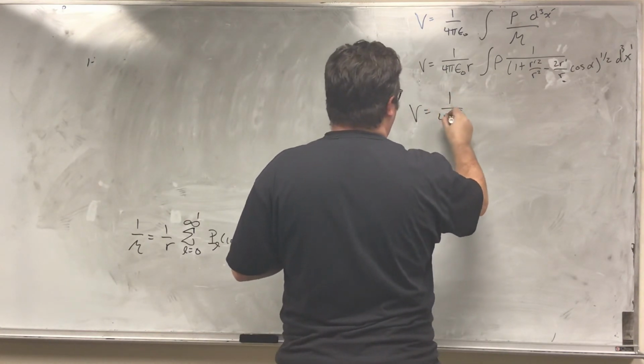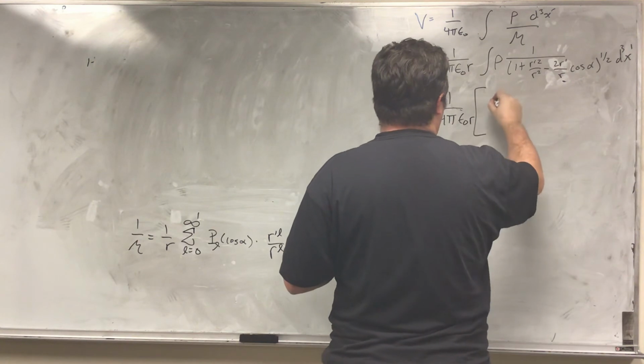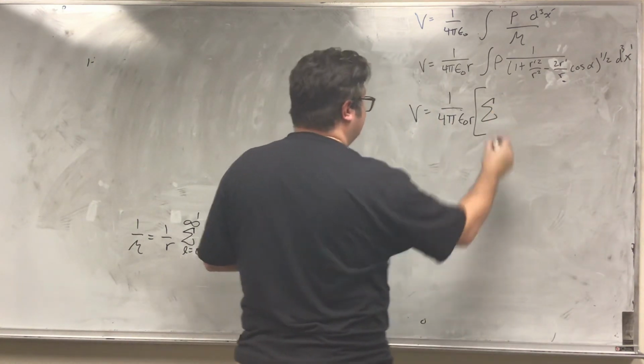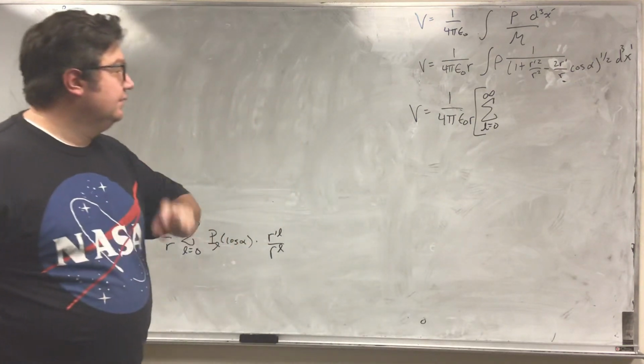1 over 4 pi epsilon naught r times the quantity of the sum of L equals 0 to infinity, right?